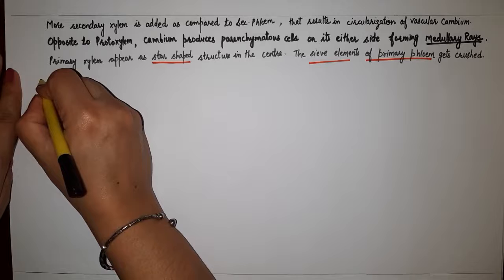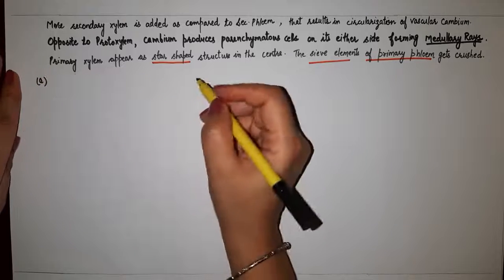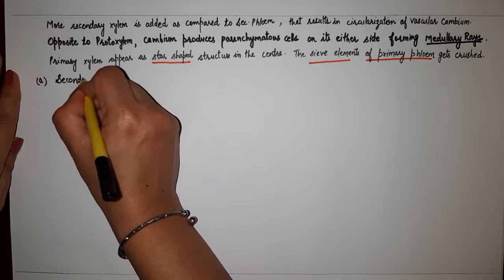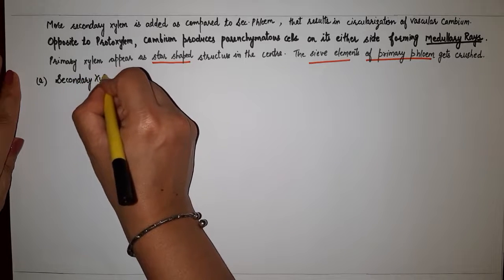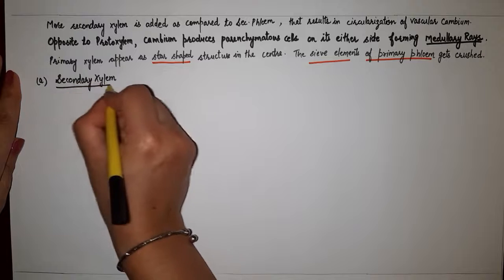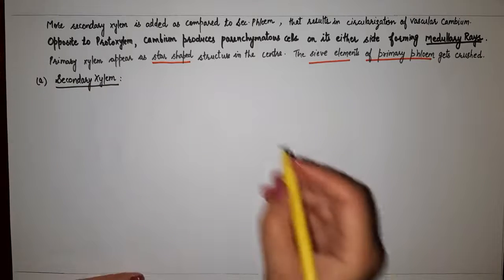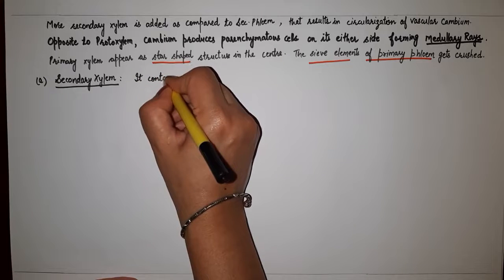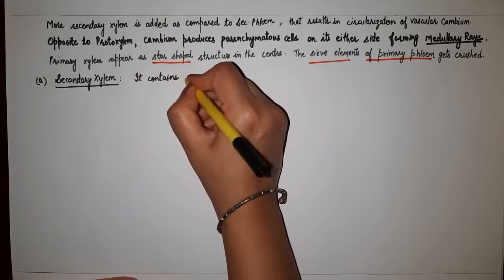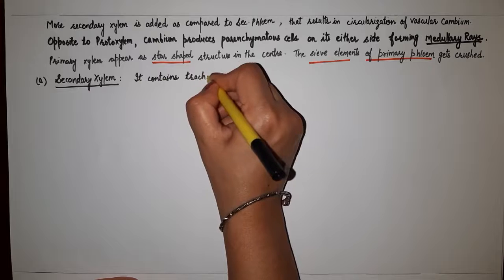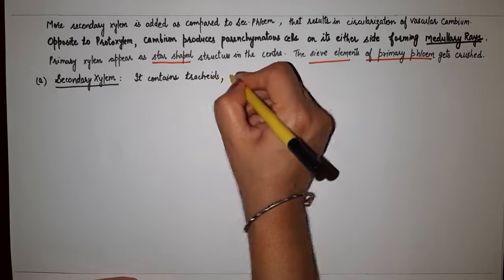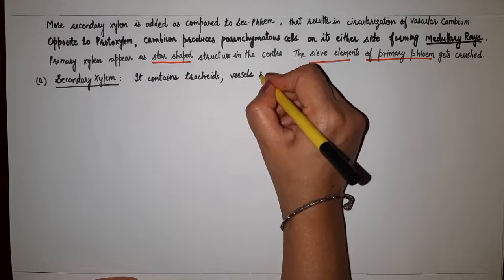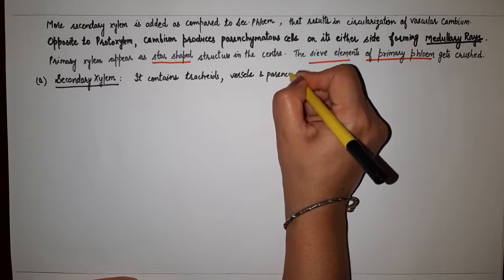Okay, so now we are going to discuss the tissues which develop from cambium. First is secondary xylem. It contains tracheids, vessels and parenchyma.